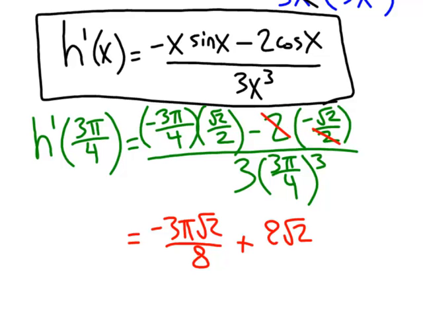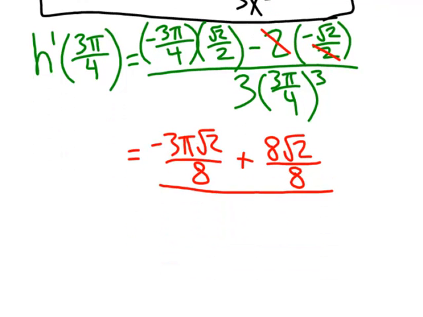So why don't we go ahead and put 8 root 2 over 8, anticipating the next step of needing common denominators and all that stuff. And that is all over this denominator right here. And that denominator is going to be 3 times, now if I do 3 pi over 4, all cubed, all of those quantities are cubed, that's going to give me 27 pi cubed over 64.